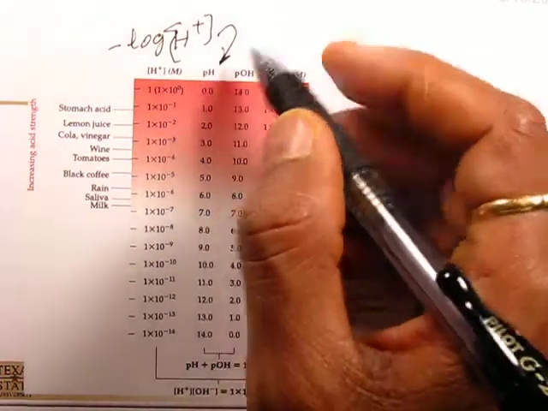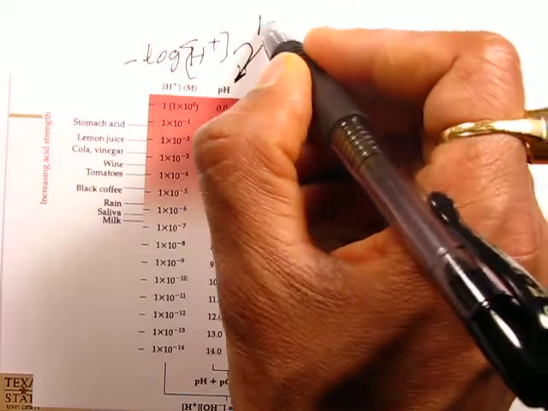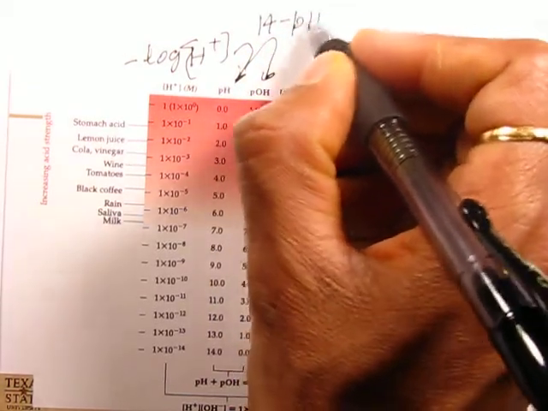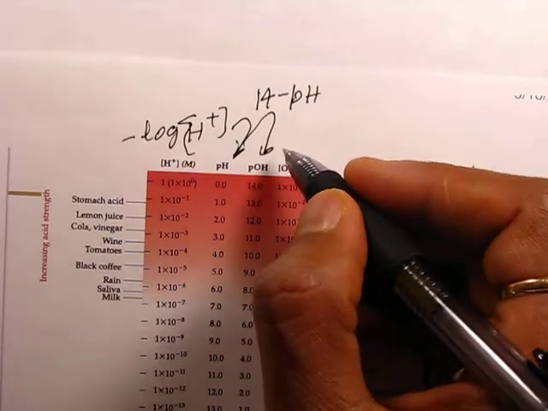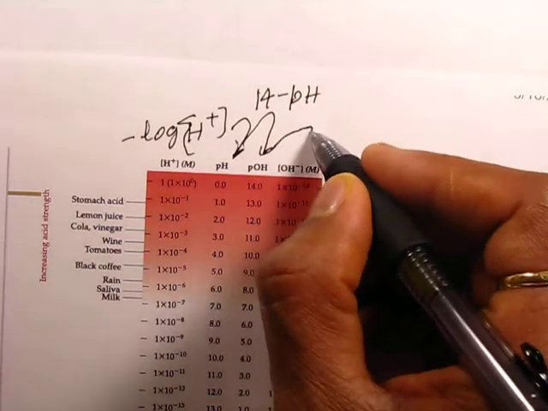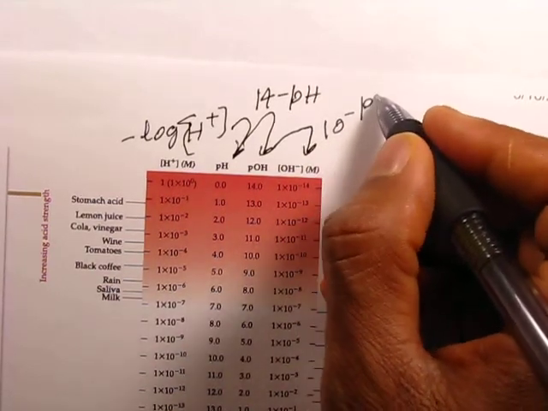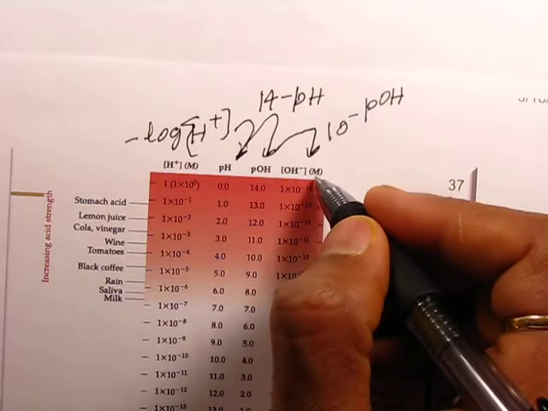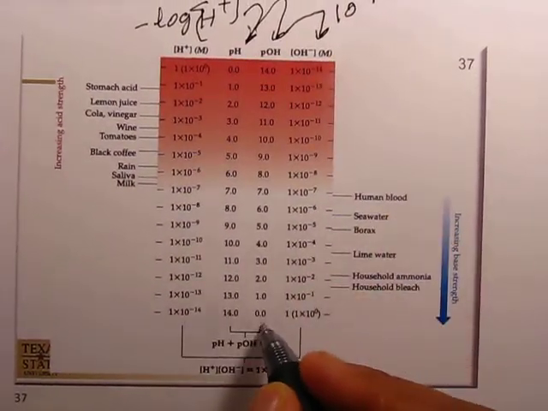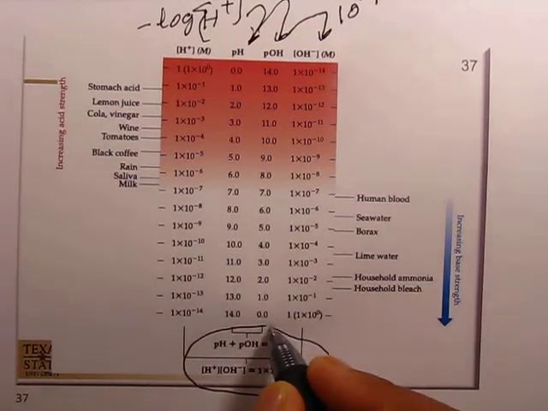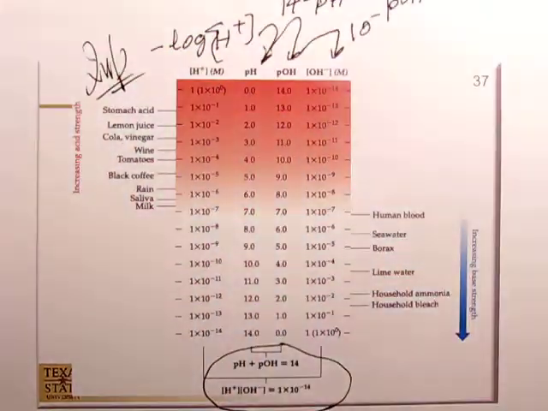If we know the pH, we can subtract from 14, 14 minus pH, and we will end up with the pOH. And if we know the pOH, we can take 10 raised to the power minus pOH to calculate the hydroxyl ion concentration. So this scale is very handy, and you must remember this formula. This conversion is very important to find out.